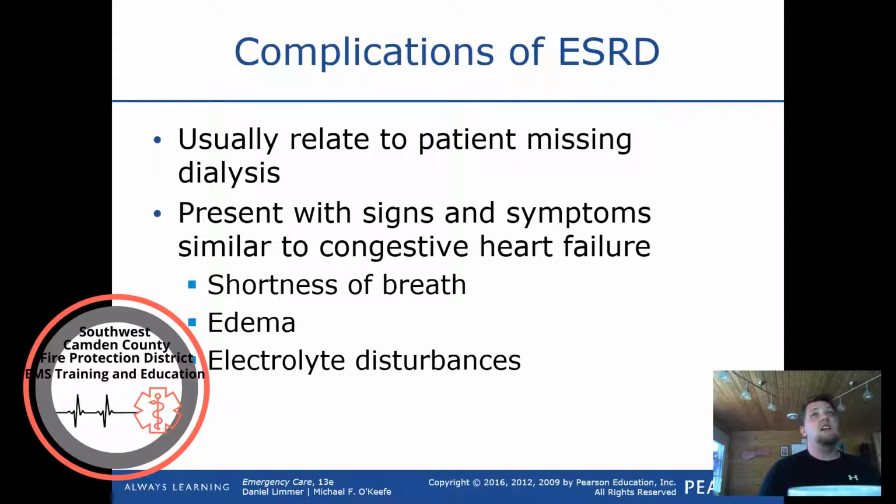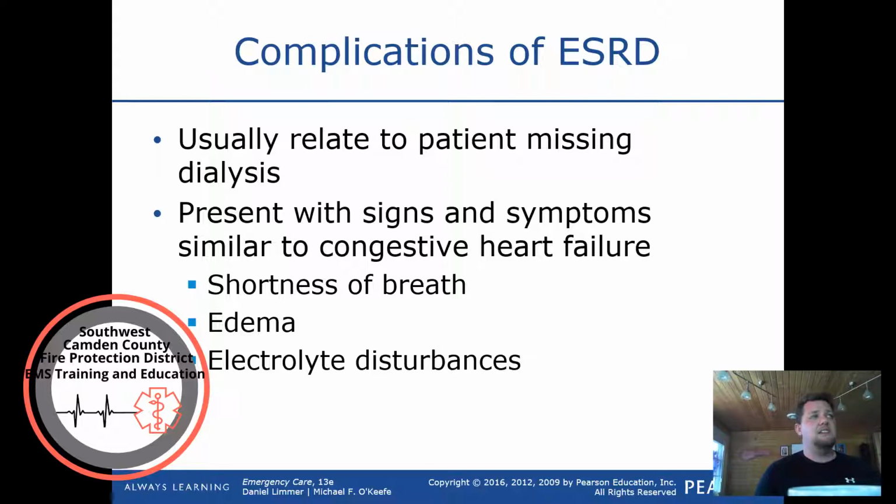It is of utmost importance for these patients to receive their dialysis in a timely fashion. Like I said, they go 3 days a week, so you've got patients who go Monday, Wednesday, Friday, and then you've got patients that go Tuesday, Thursday, Saturday as well.